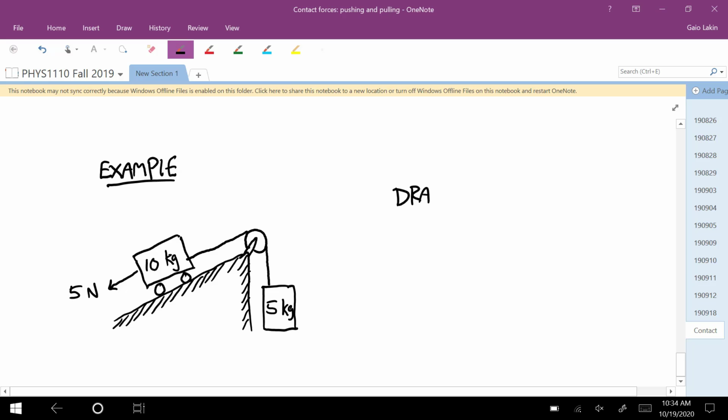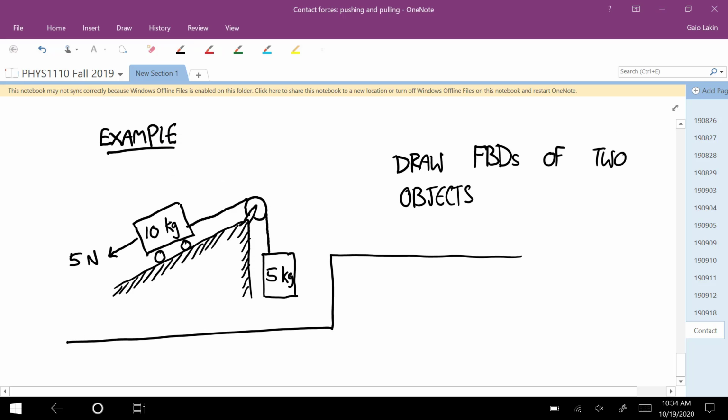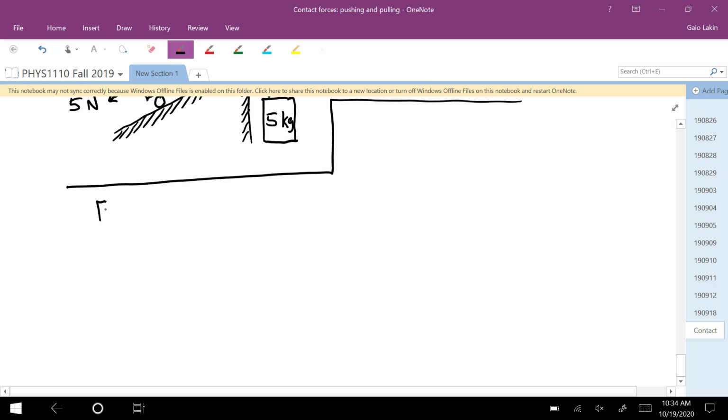And we want to draw free body diagrams of the two objects. Well, I'll start with a free body diagram of the 10 kilogram cart.